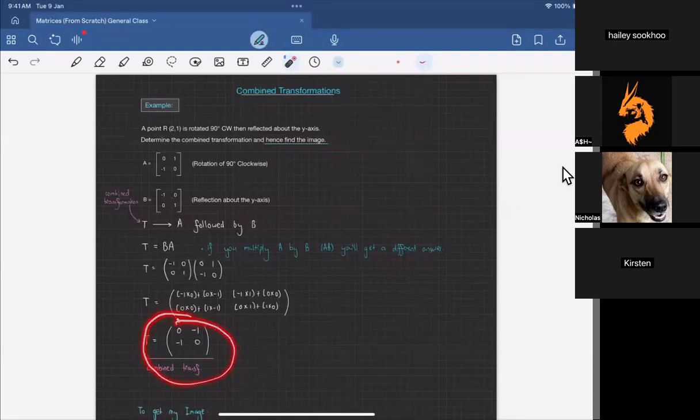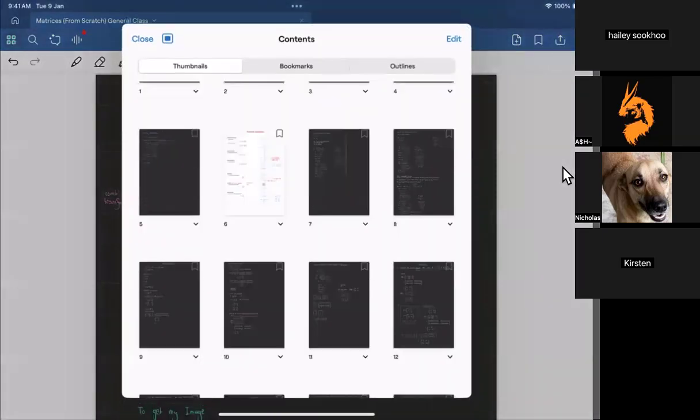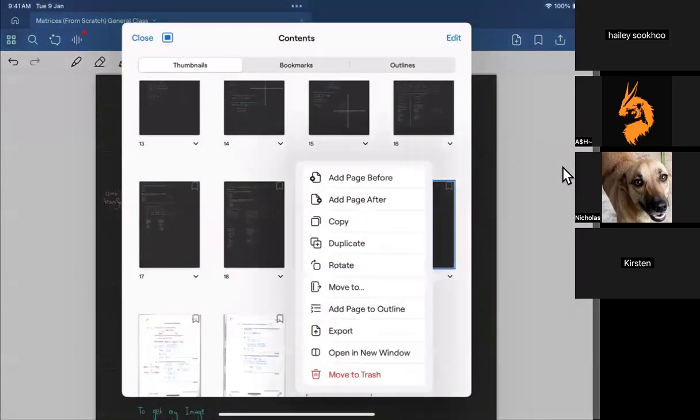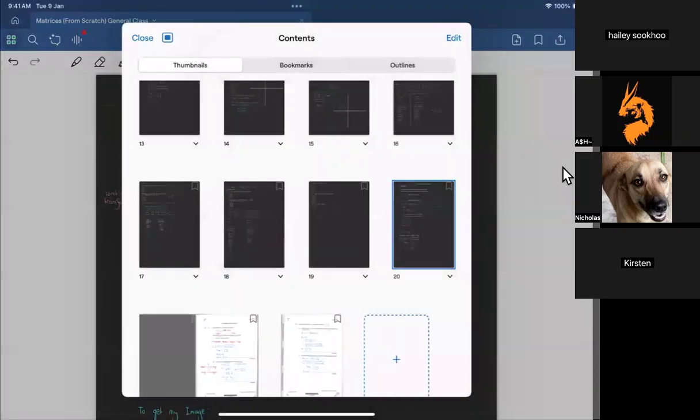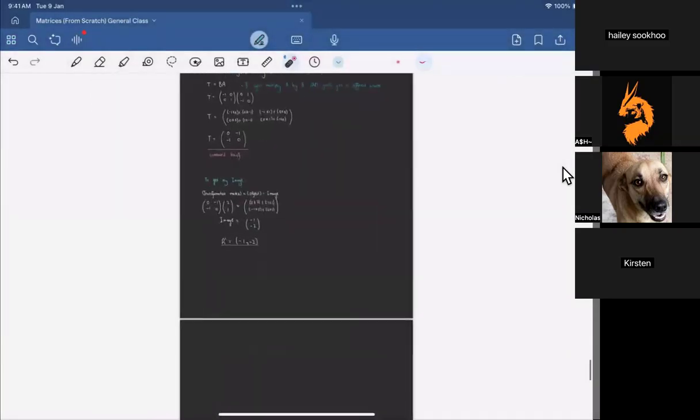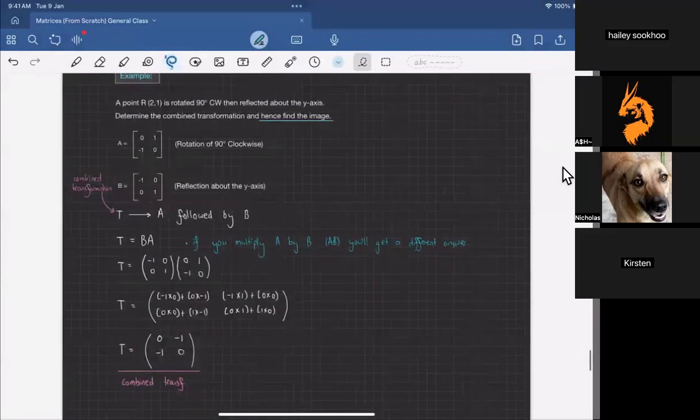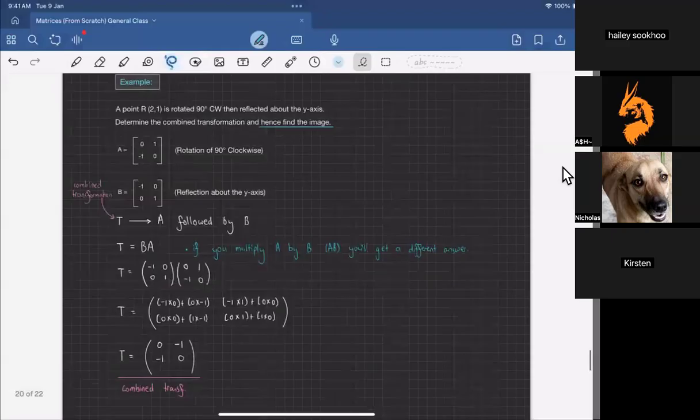Haley, you want me to say that one more time? Yeah, say one more time. All right. So Haley, you understand that we're doing two things to point R, right? We're rotating it and then we're reflecting it. At the start of this topic, I told you if you want to get an image, you have to multiply an object by the transformation matrix.